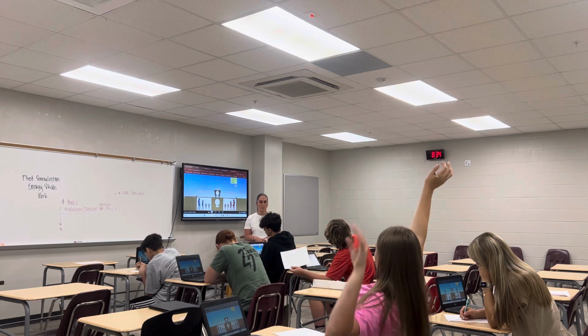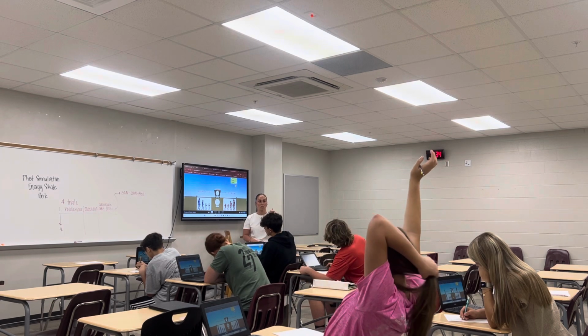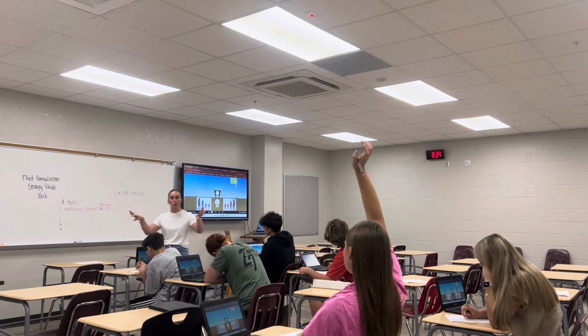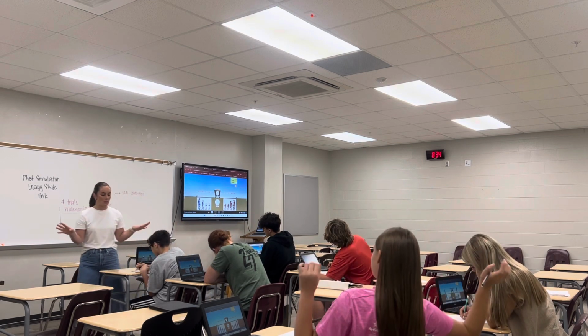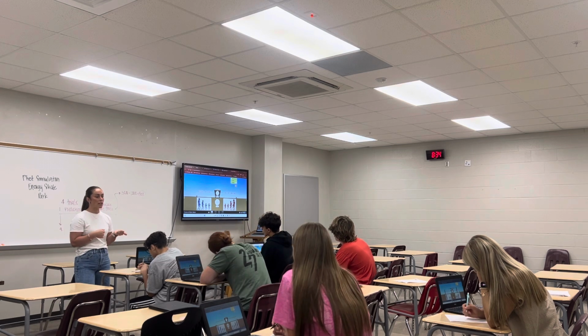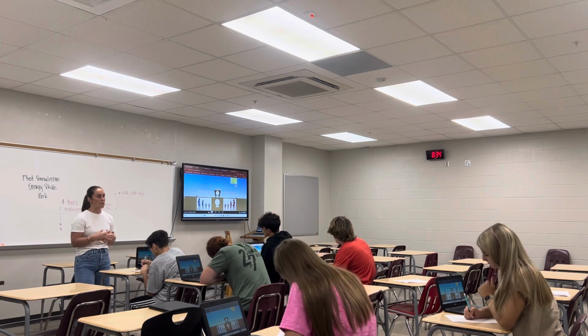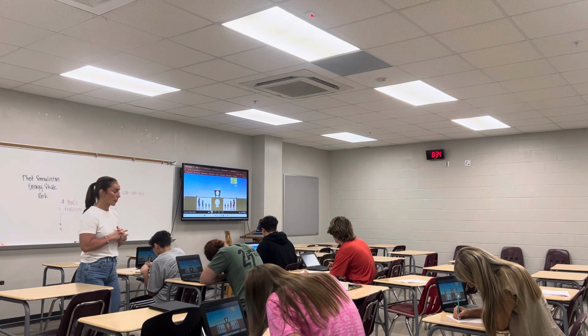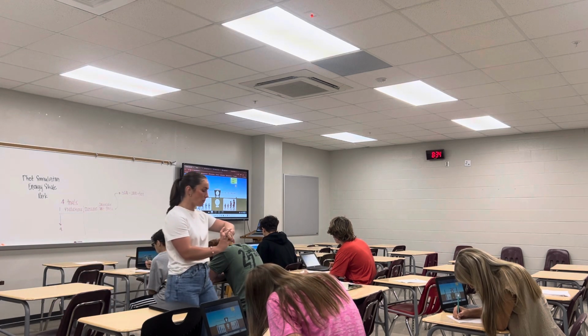Yes, you can either put to the left or to the right. So you'll just put people up on the rope, however many you want to do, it doesn't matter. And you make your prediction, is it going to go left or right? And then you're going to put what really happens, the outcome, once you hit go. Did that answer your question, Ariel? Okay. So I'm going to give y'all about 3 minutes.